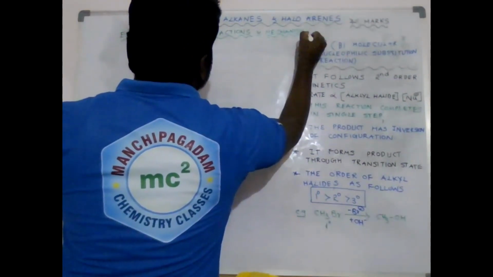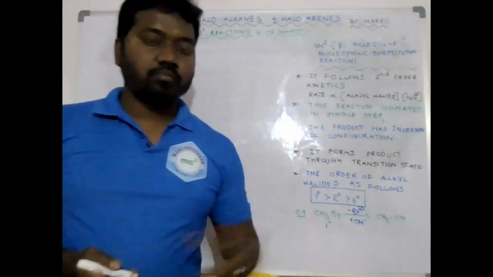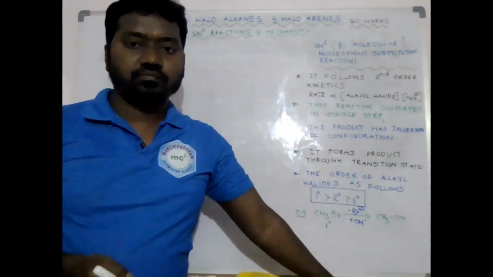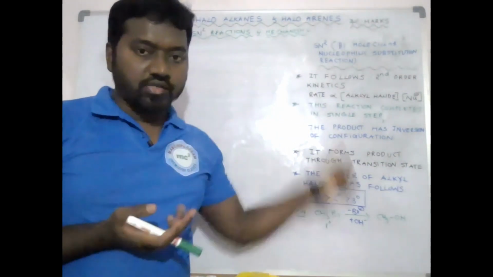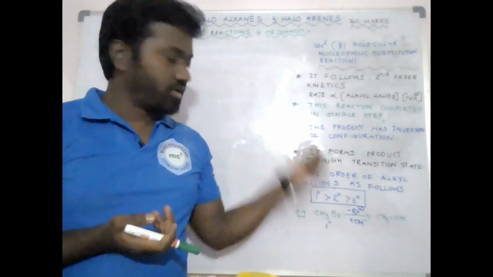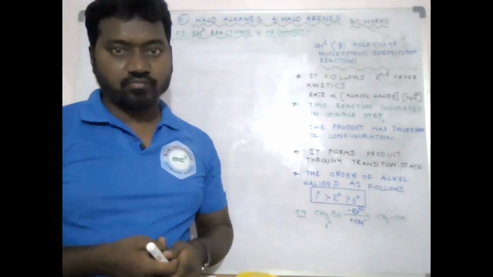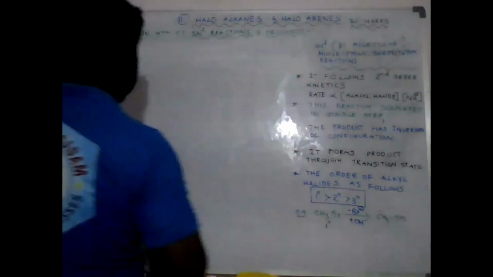So this is one more very, very important question. This answer you should write as it is for this. But the extra thing we have to write is, instead of the SN1 reaction, we have to take this example and explain the mechanism for this. Very simple. Whatever example you have taken here, that only we will take.